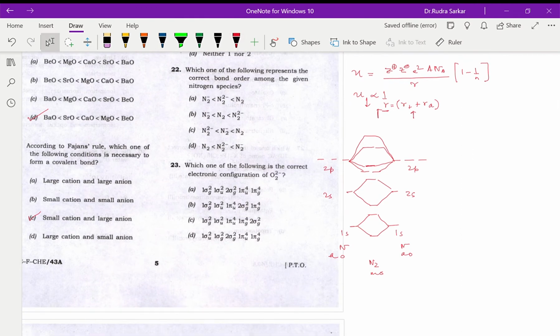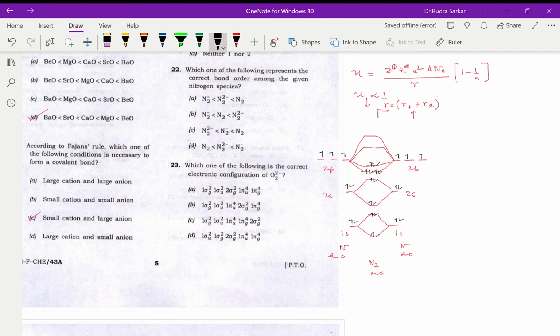So there are 14 electrons that need to be included. 1, 2, 3, 4, 5, 6 and 7. Similarly 1, 2, 3, 4, 5, 6 and 7. So now if you fill up 1, 2, 3, 4, 5, 6, 7, 8, 9, 10, 11, 12, 13 and 14.